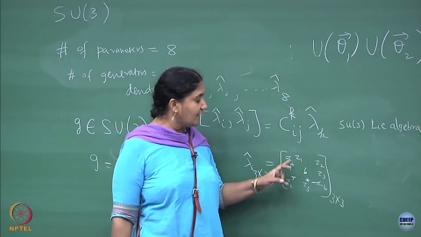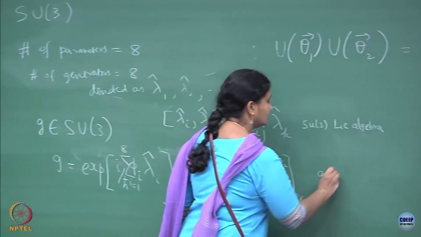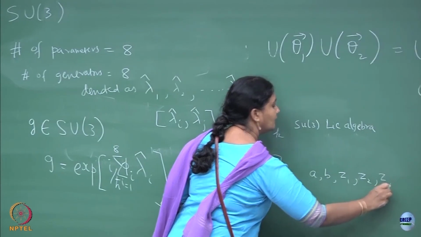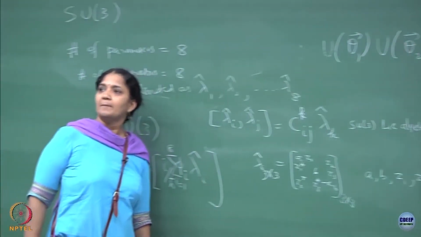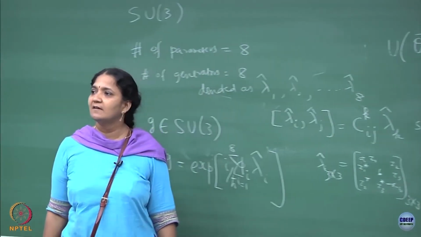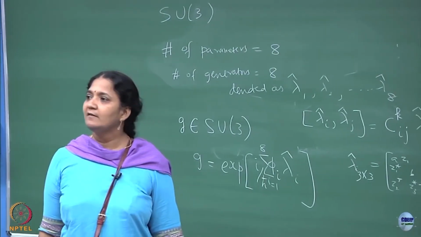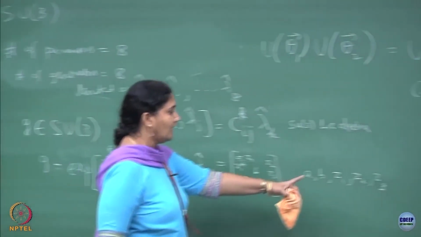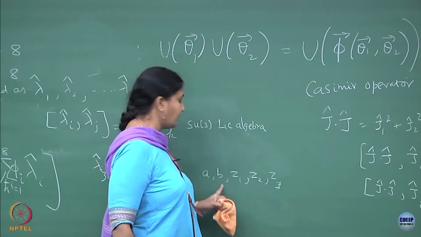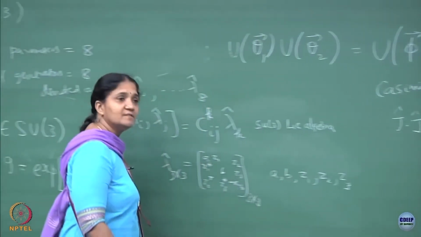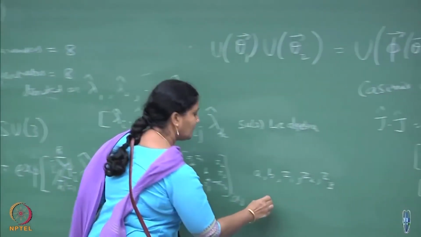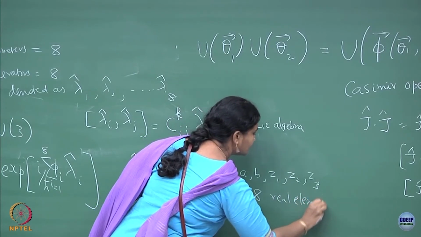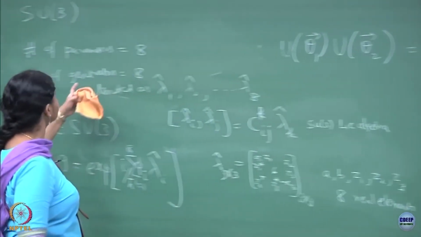So 2 reals A, B, and Z1, Z2, Z3 are the independent parameters required to specify a traceless Hermitian matrix. So they are 8 real elements. That's why 8 parameters.